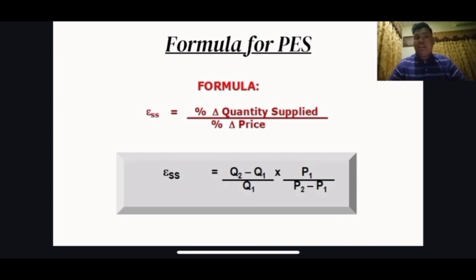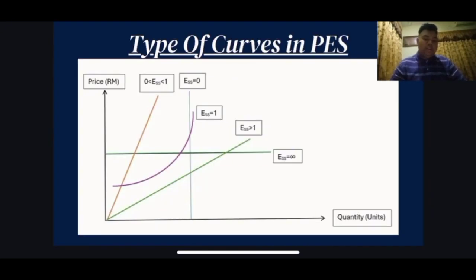The number beside the unknown represents the initial or the future amount of the variable when something happened. So let's go to the types of curve in PES.